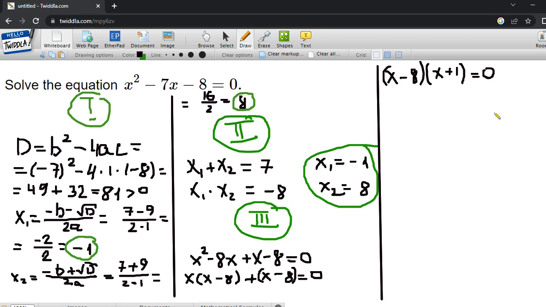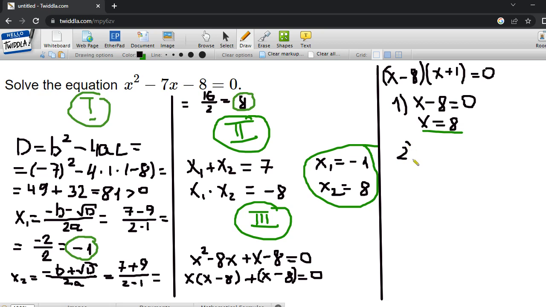The product equals 0 when at least one of the factors equals 0. That's why we have two cases. First case, x minus 8 equals 0, and then we have x equals 8, our first root.